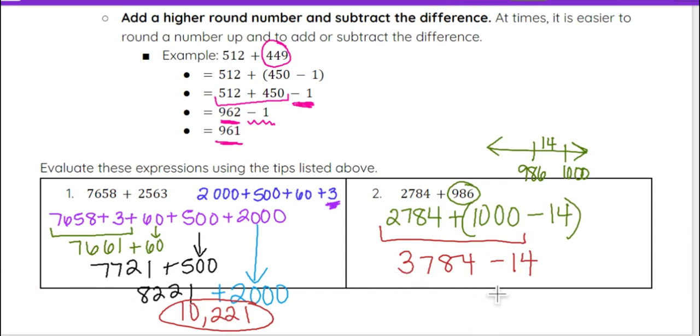So when I subtract those, because it's just two digits, it's really like leaving the 3,700, and just subtracting the 14 from the 84. So 84 minus 14 gives us 70. So 3,770 is our final answer on this one.